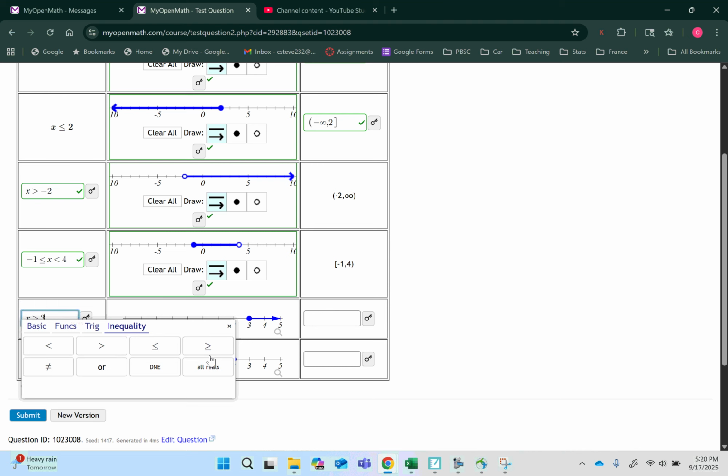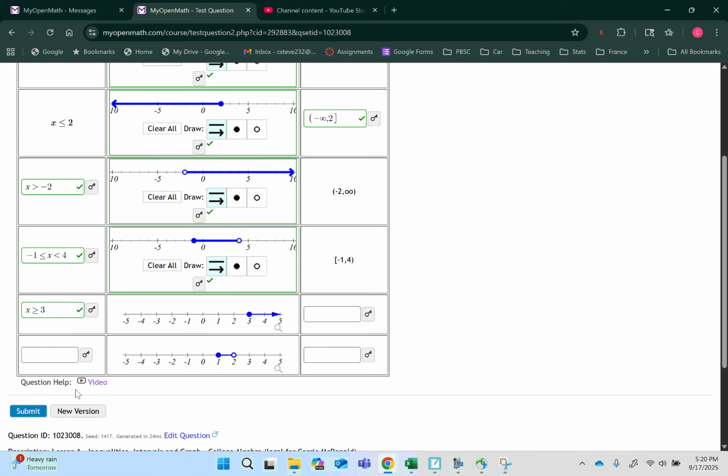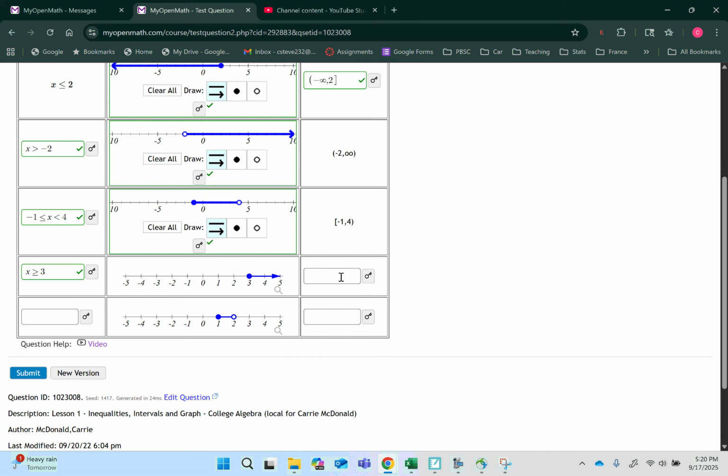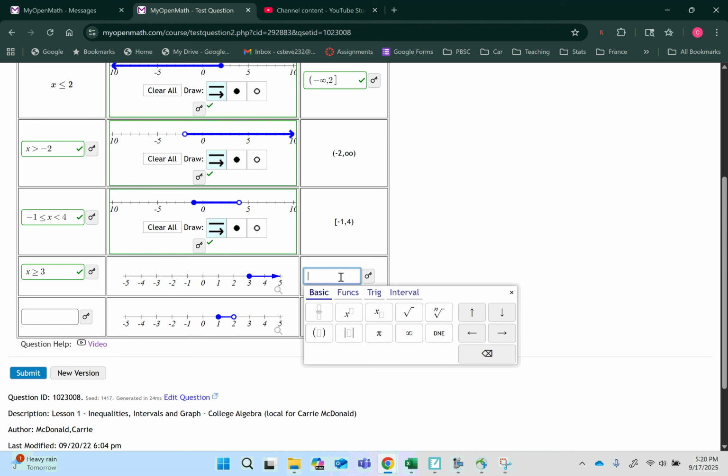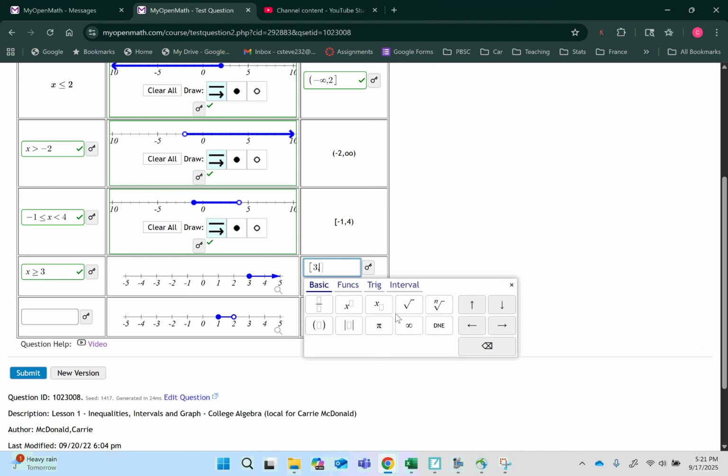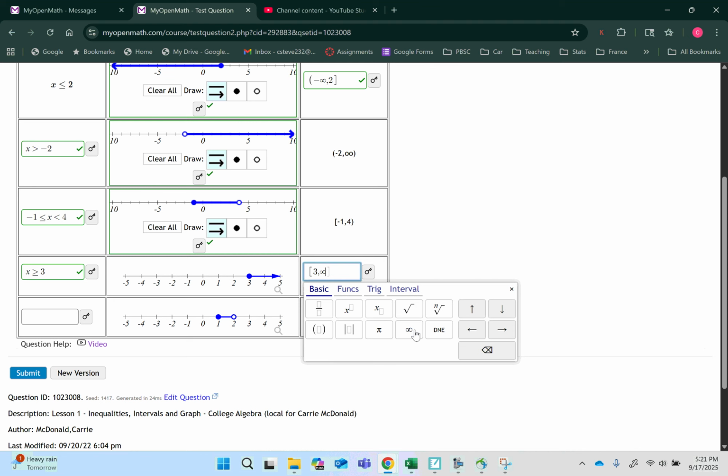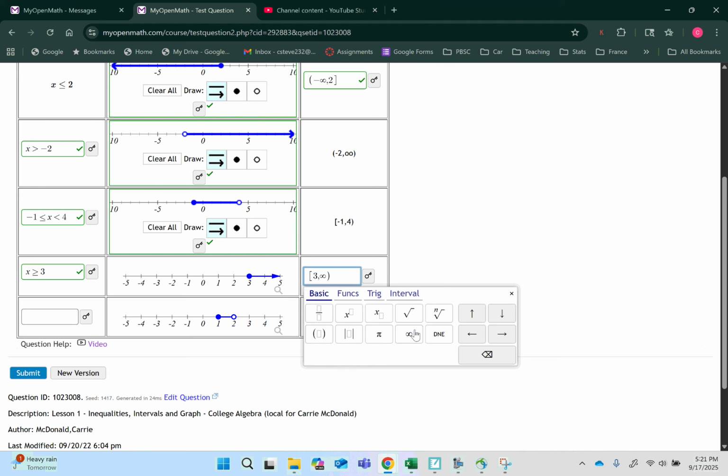So x is greater than or equal to 3. All right, now in interval notation, that would be starting at 3 as the lowest possible value. So we'll put a square bracket on the left, then the number 3, comma, then the infinity symbol and the soft parenthesis.